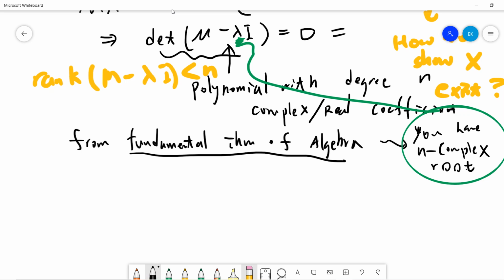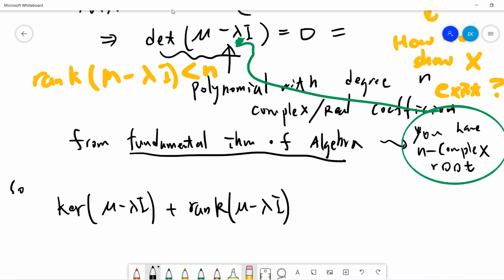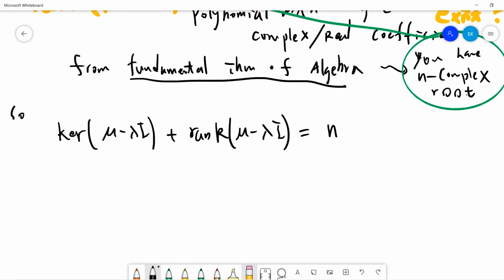By the rank-nullity theorem, the dimension of the kernel of M minus lambda I plus the rank of M minus lambda I equals n. Since the rank is less than n, the kernel dimension is greater than or equal to 1.